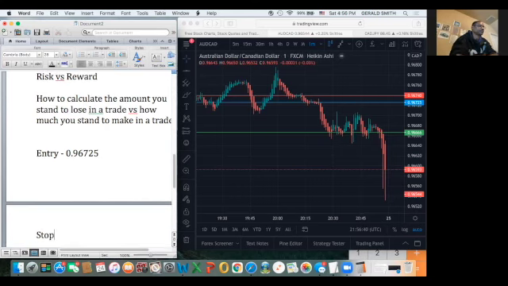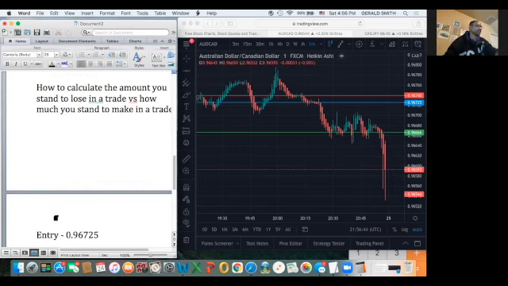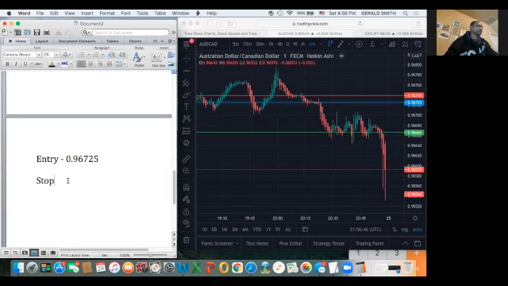Stop loss, which is the red color numbers. And let's go to the take profit, and that would be the green numbers.